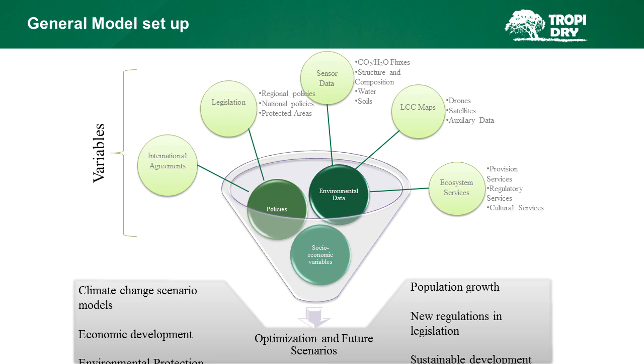You may be less interested in what the water or the soil is, or what kind of ecosystem services are there. If you are interested in environmental protection or interested in a future scenario model that deals with pattern-based change, you might be more interested in having all of the sensor data and may require less socioeconomic variables.